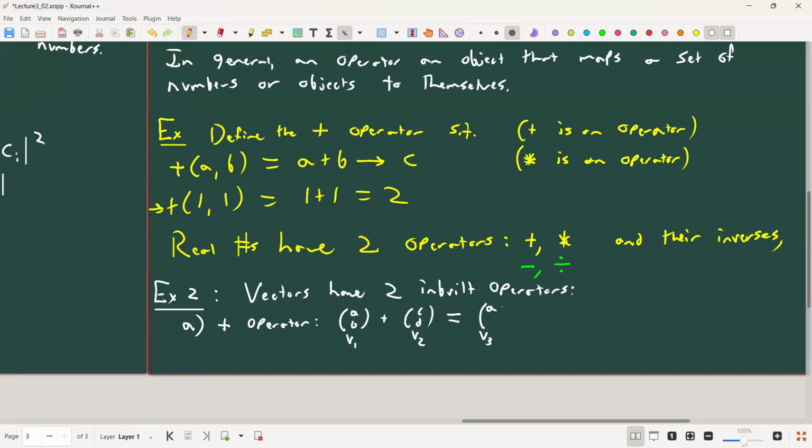You tip to tail, A plus C, B plus D. Okay, so that does help us, right? It's an operator that takes two vectors and returns a vector. All right, that's one. The other one is scalar multiplication.